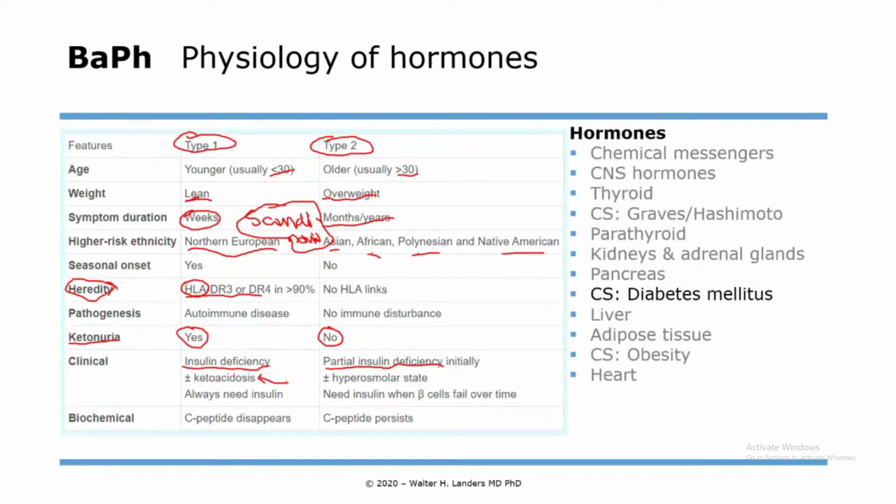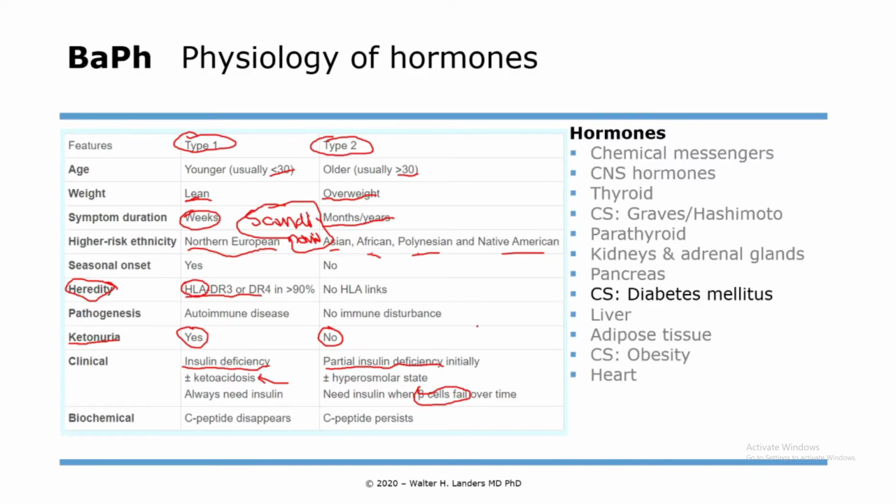Ketoacidosis means that there's a lot of ketones in your blood, which cause your blood to become more acidic. What happens in type 1 patients is that they always need insulin, whereas patients with type 2 diabetes only need insulin when their beta cells are failing, which happens in a minor fraction of patients.